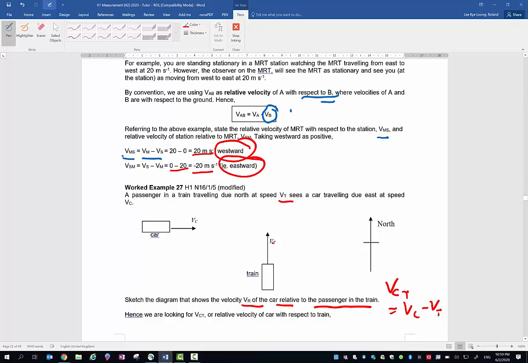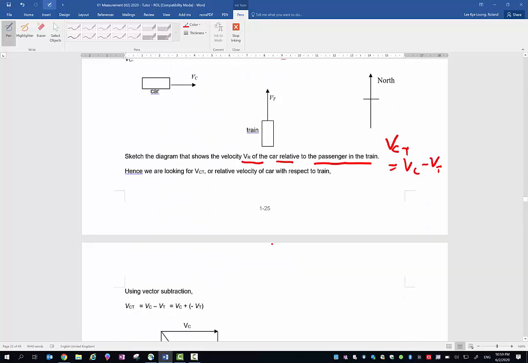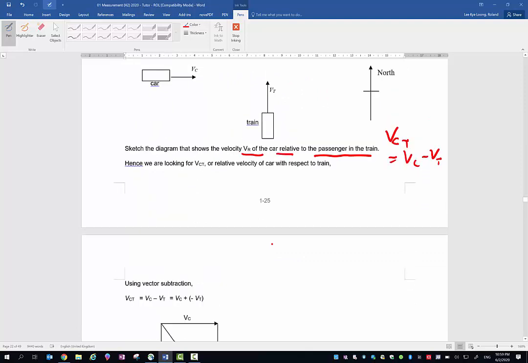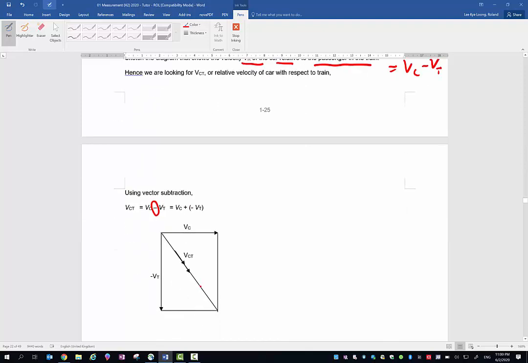So that's how you draw it. VC to the right, VT upwards, but since you are subtracting, you are just adding the reverse of VT. So VC to the right, and then VT, because it's subtract.